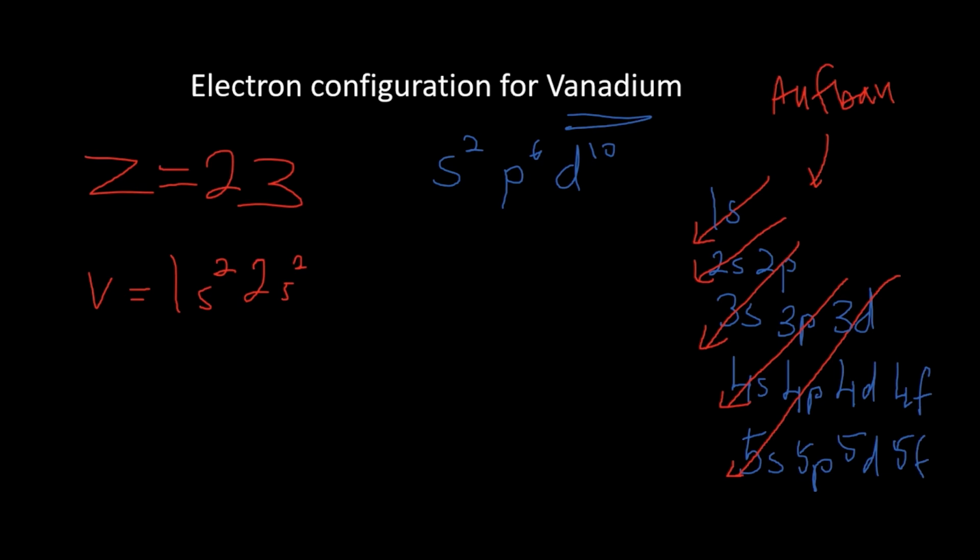To start off, we've got 1s2, 2s2. We're going on to 2p6, and 3s2, and 3p6, and 4s2, only 2 electrons there, and lastly it's the D sublevel, 3d3.